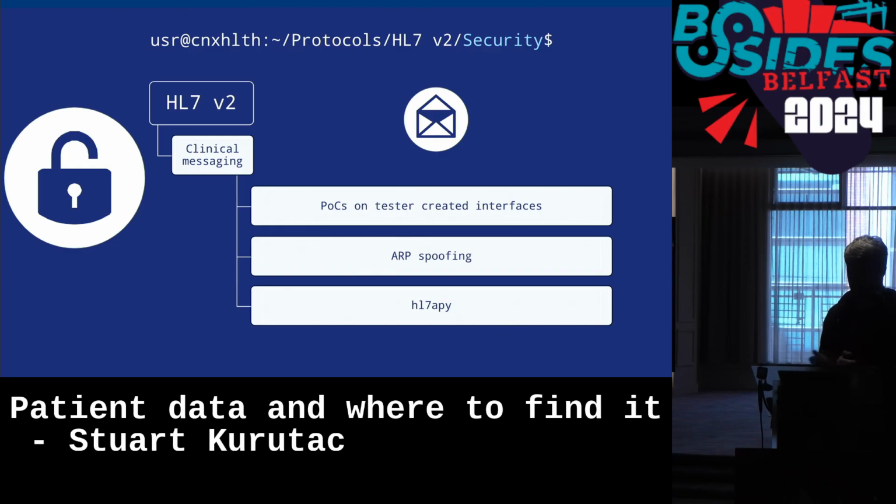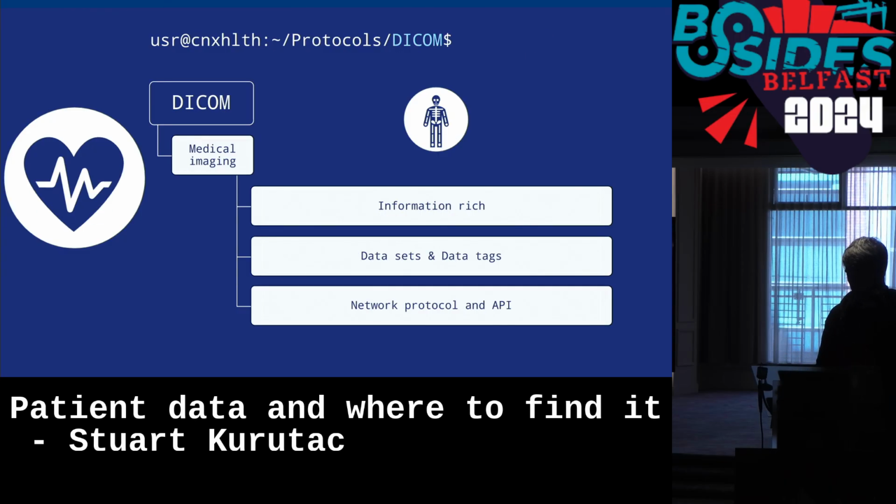For anyone who's got any experience in coding with Python, use HL7 APY, a Python module that allows you to do that. There are lots of examples of how you can set it up. It's really easy to do, and I highly recommend you have a play around with it and have these as a ready-to-go issue that you could use in those situations.